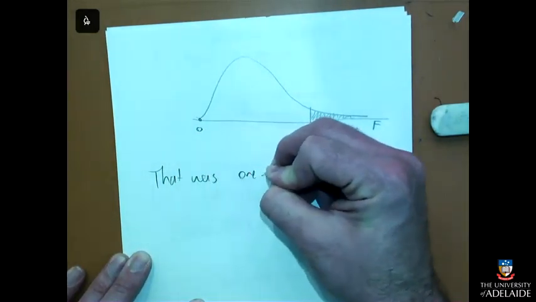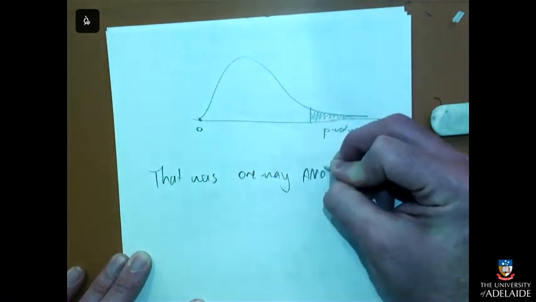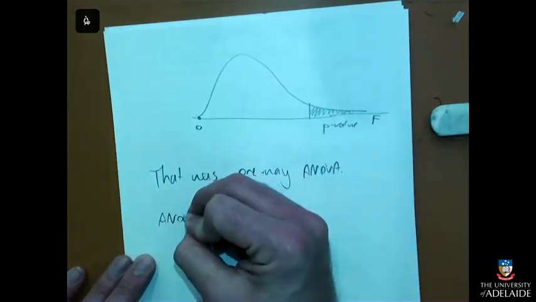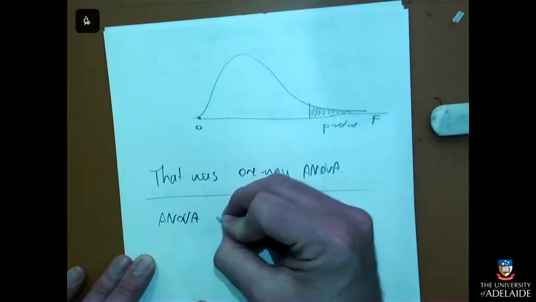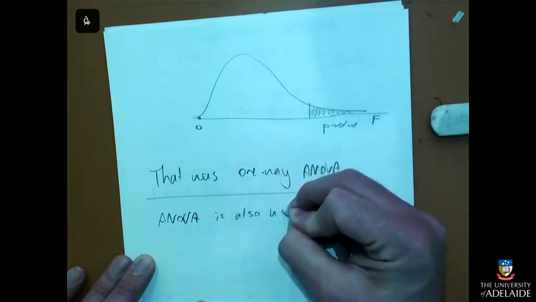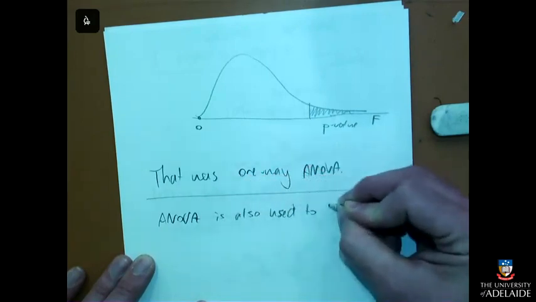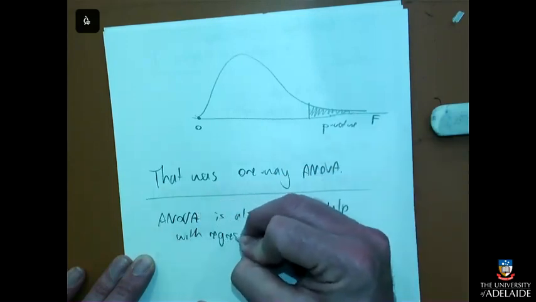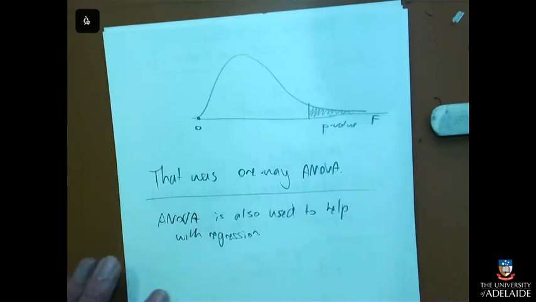That was one-way ANOVA. It is also used to help with regression. So anytime you're trying to compare how far everything is from your model, ANOVA comes up.